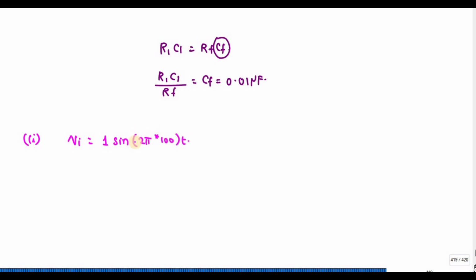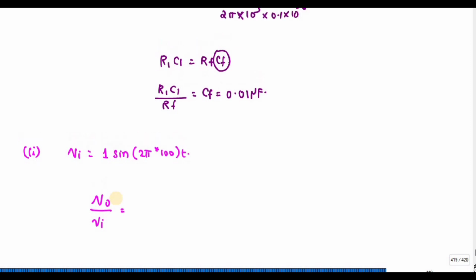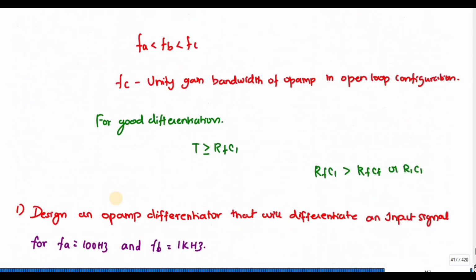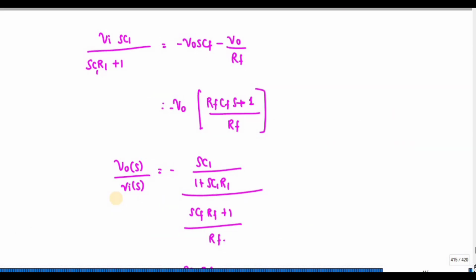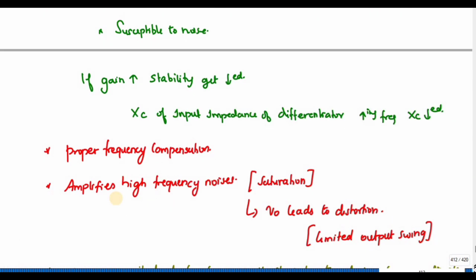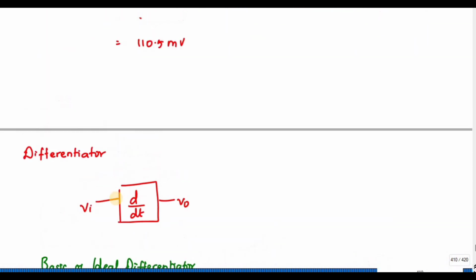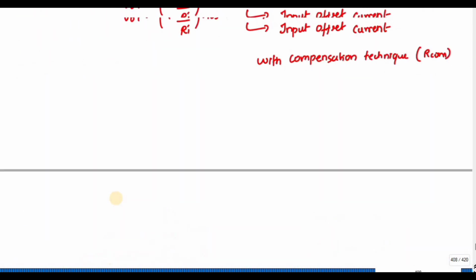So this is the input voltage that I am giving to the differentiator. So we know that V0 by VA, from the ideal differentiator, what is V0 by VA?